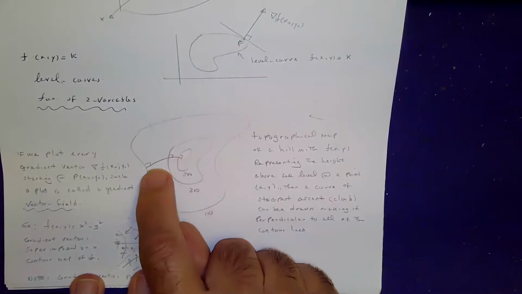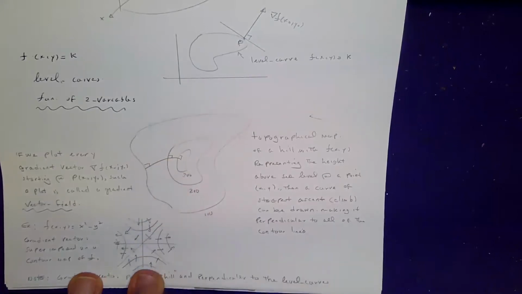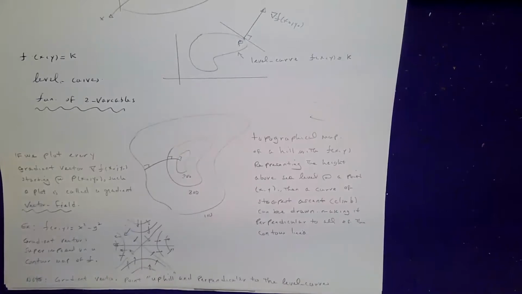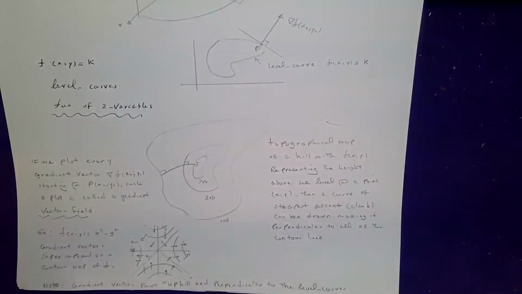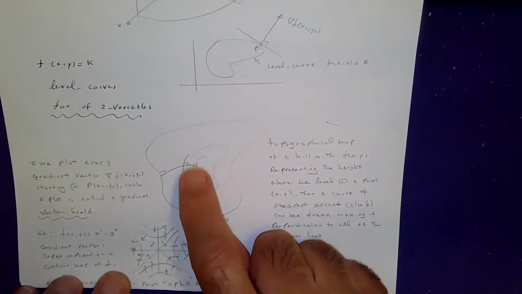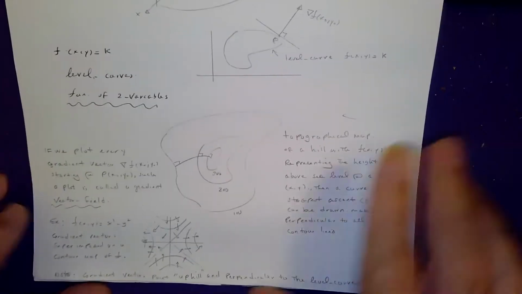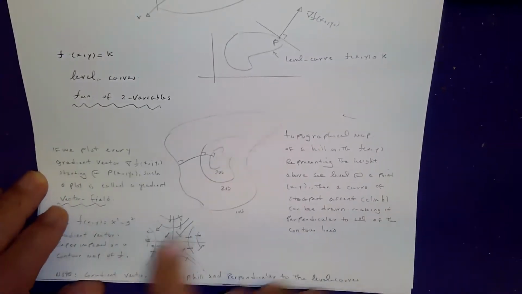Notice these are all perpendicular to all the level curves. This is driving the point home that gradient vectors are perpendicular to the level curves at any given point on the curves, or in this case, the surface.